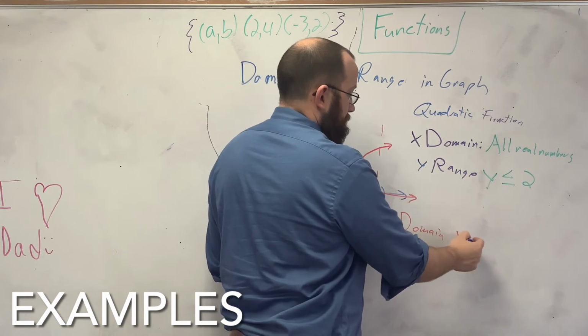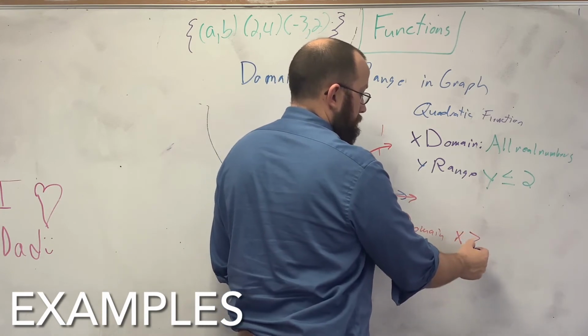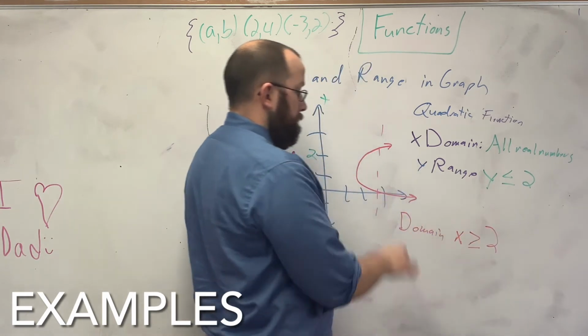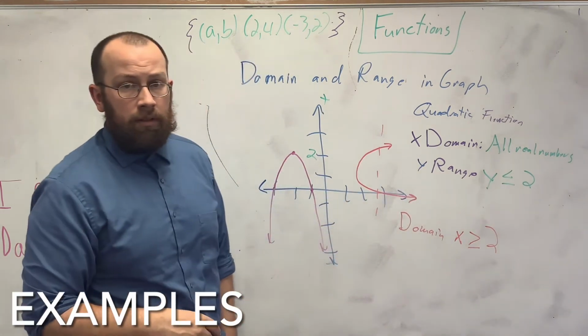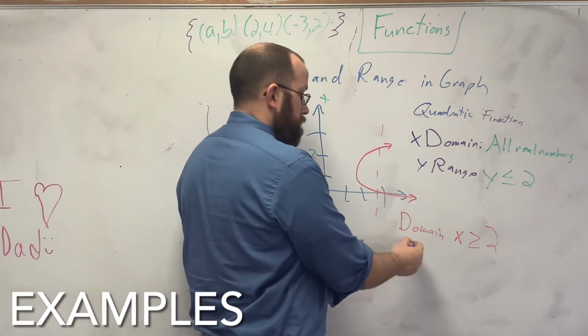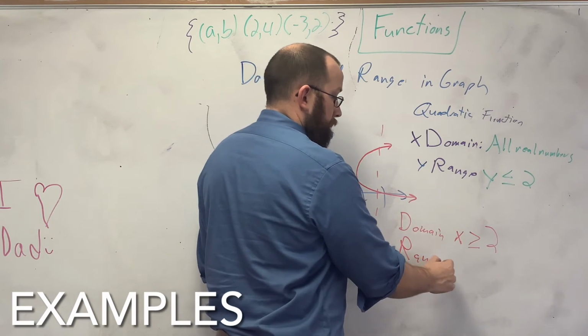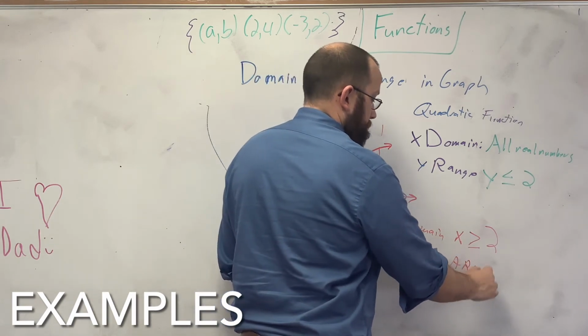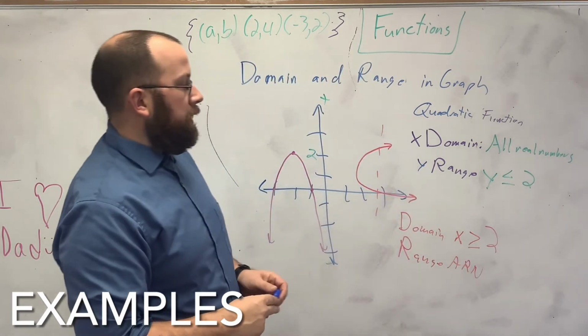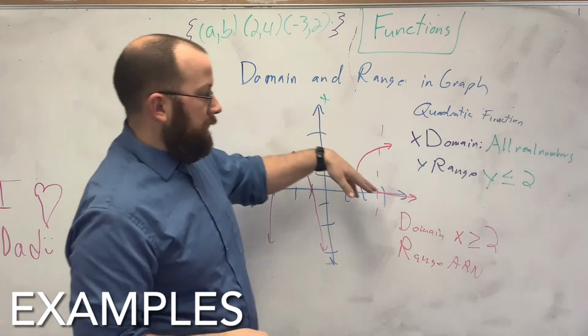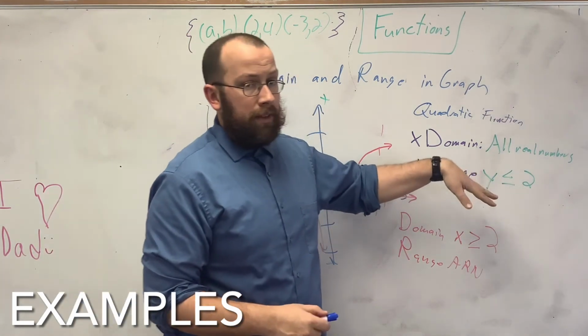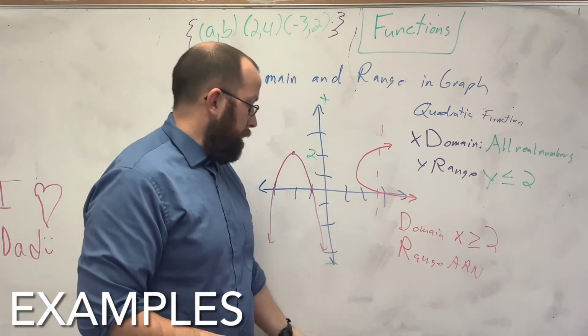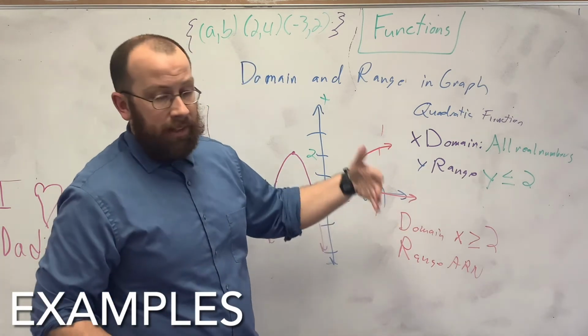So it's x is everything greater than or equal to 2 because it's going in the positive direction. The range would be all real numbers. So whenever it's going in the positive direction, it's always going to be y or whatever is greater than. If it's going in the negative direction, it's always going to be y is less than.